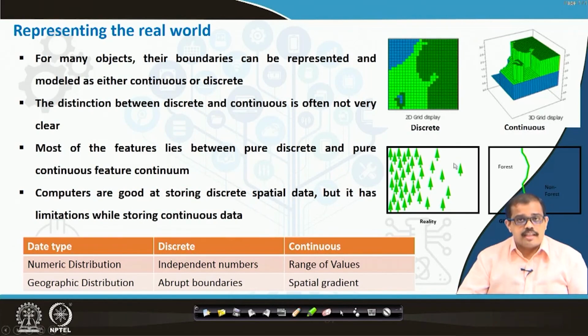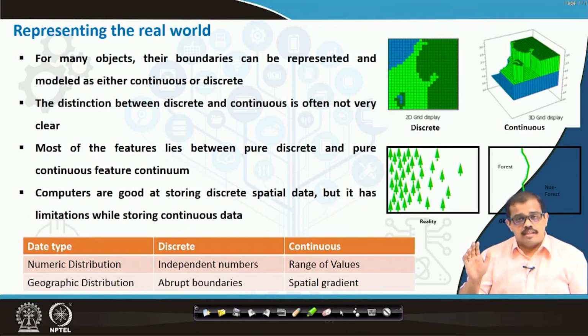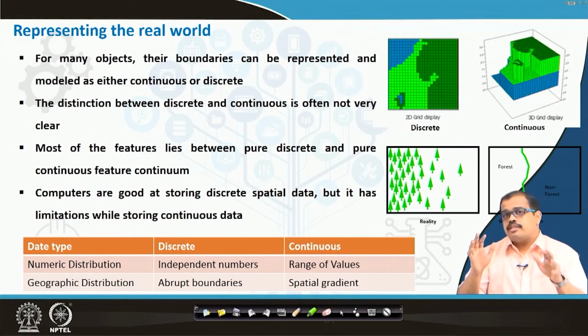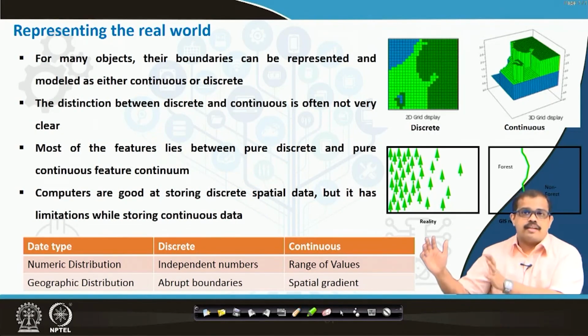This is another example of discrete data. If you look at this, it is again discrete data. Most of the features in a continuous or discrete data have certain values associated with them. When you look at the real world, you do not have anything that is separately discrete or separately continuous.